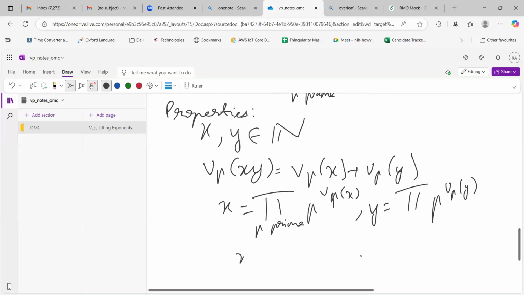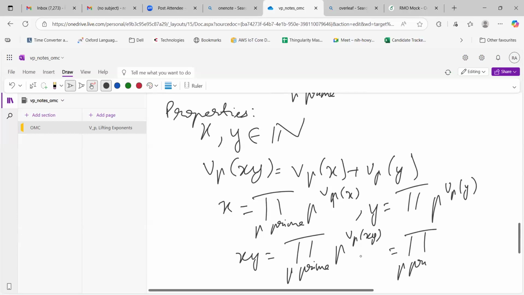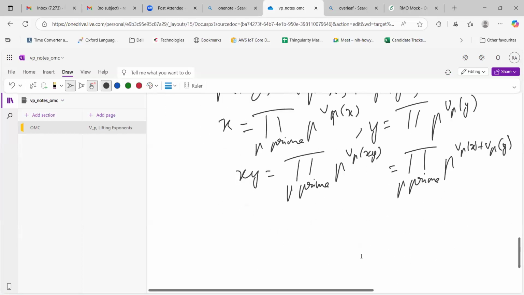And I can write xy is equal to the product over primes p of p to the power VP of xy. But note, this is also equal to the product of p to the power VP of x plus VP of y. And since all the primes are co-prime to each other, we can say VP of xy is equal to VP of x plus VP of y.